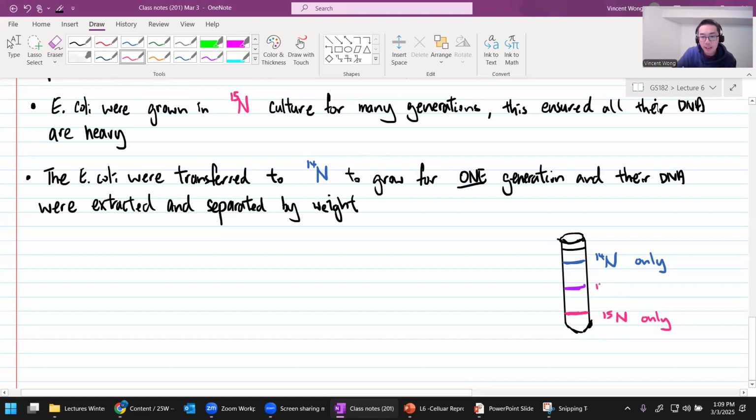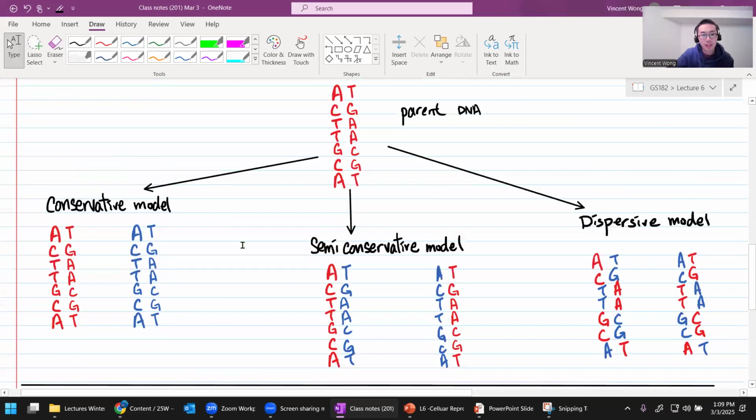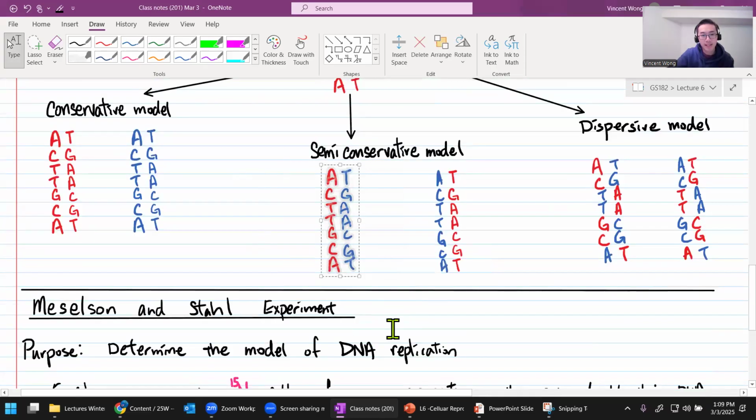This is going to be in the middle. It's going to be some N15 and some N14. If you look at our models, this would be a mix, and this would also be a mix. Right? It's some red and some blue, somewhere in the middle.